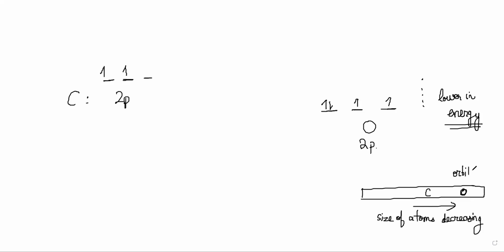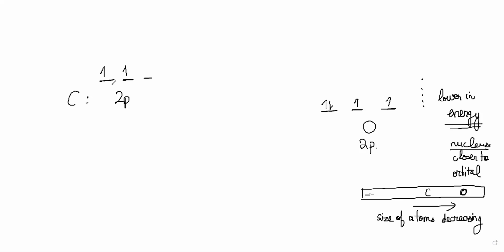If it is closer to the nucleus, it will be more stable, because electrons closer to the nucleus will be more tightly held. The farther you go, the orbitals will be farther away from the nucleus, so higher energy. So carbon has higher energy 2p and oxygen has lower energy 2p, right?